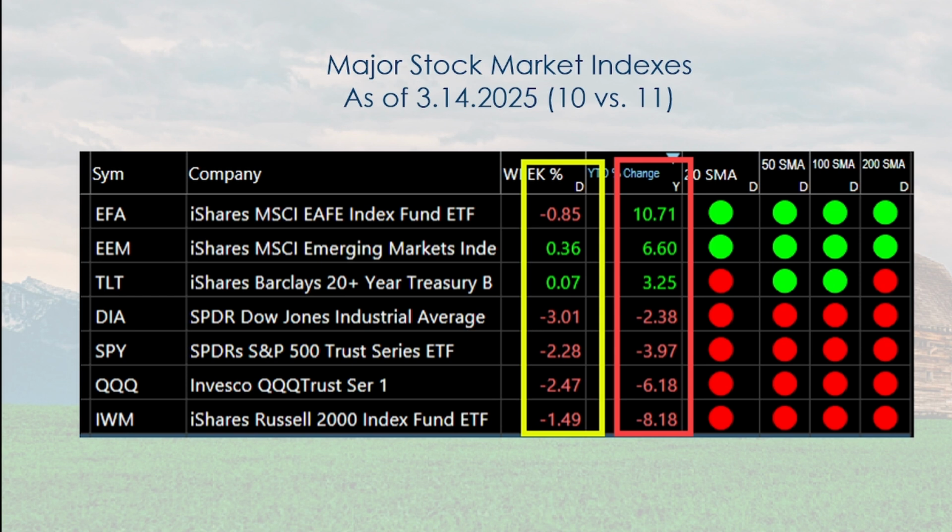Below that, again, pretty big gap there. Below that are the Dow, the S&P, the NASDAQ, and the Russell. And then in the yellow box is what happened last week, and they were all negative by quite a bit, except for emerging markets and government bonds.